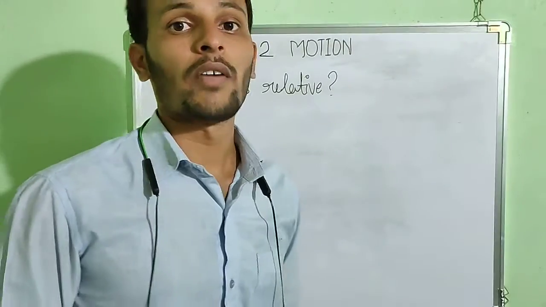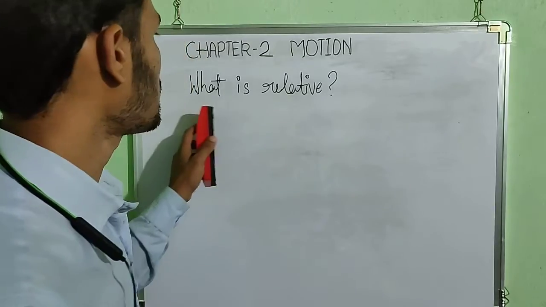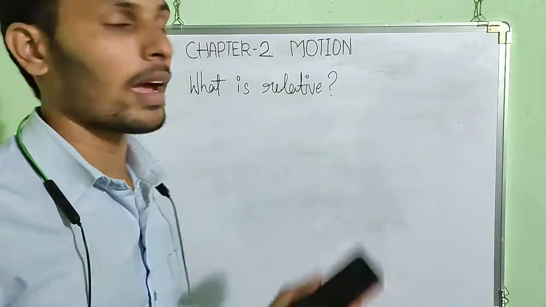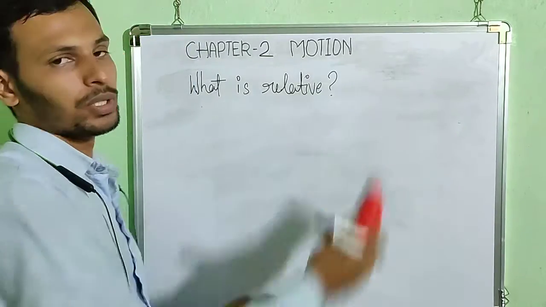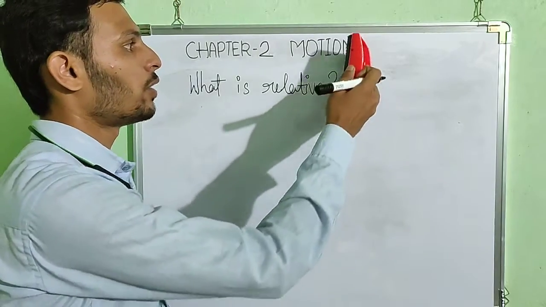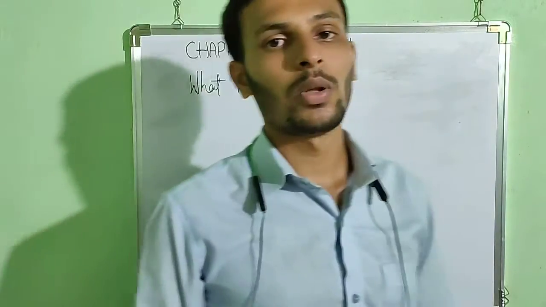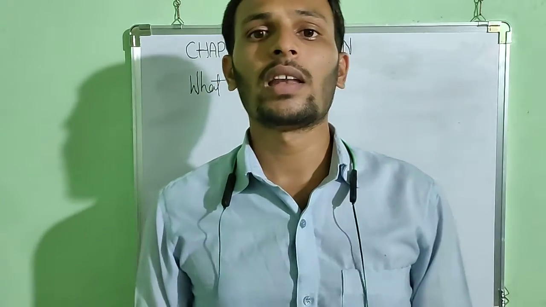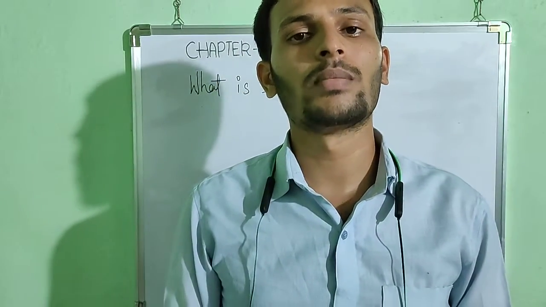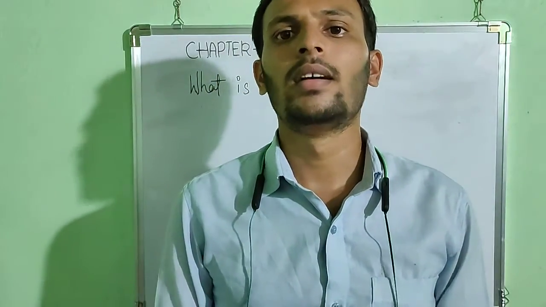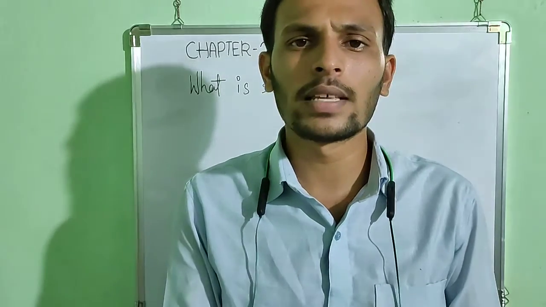Now we have a question: what is relative, and how is it related to motion? For this I'll tell you one thing. We can create any sentence using words, grammar, or sensible words.